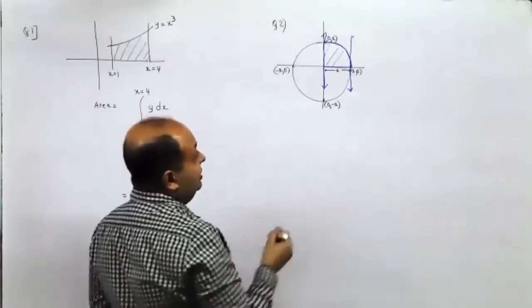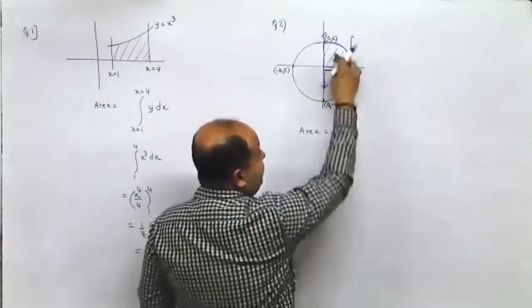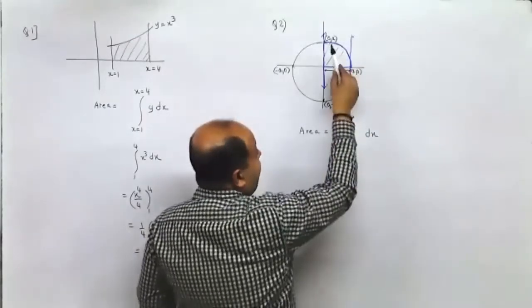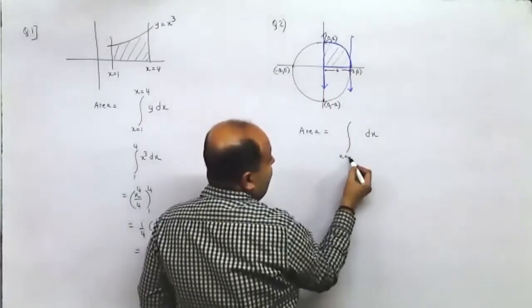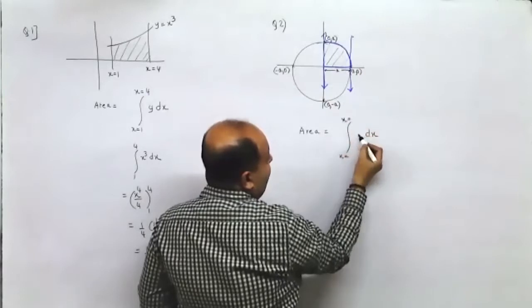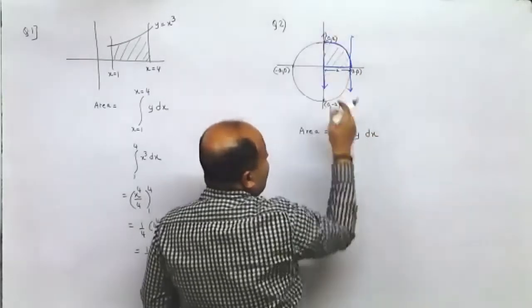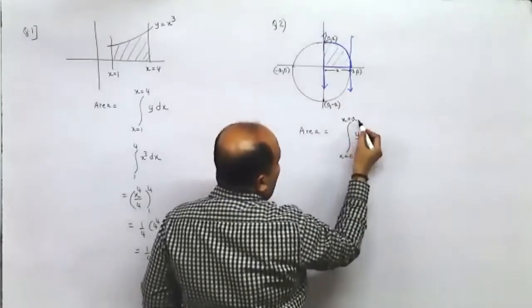So your area would be, first right here, this is curve and the x-axis, so dx. Then since it is curve and x-axis, you need lines in terms of x itself. This would be y dx. The line is x equal to 0 because it is the y-axis, and the other line is x equal to a.